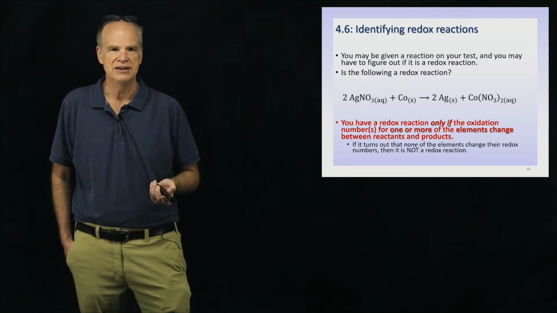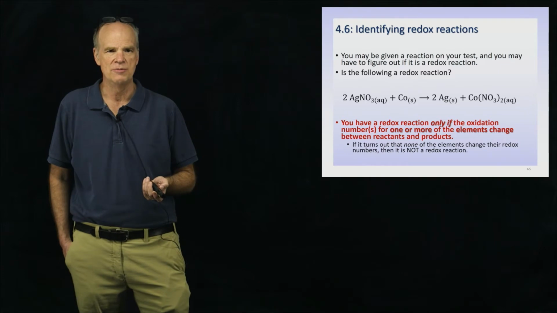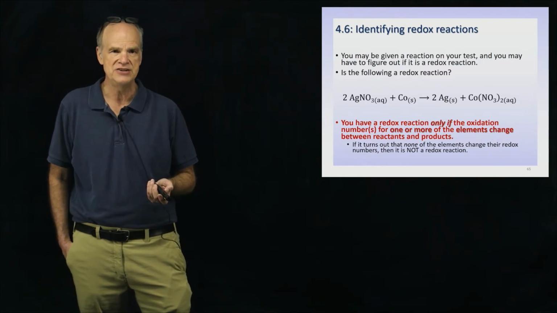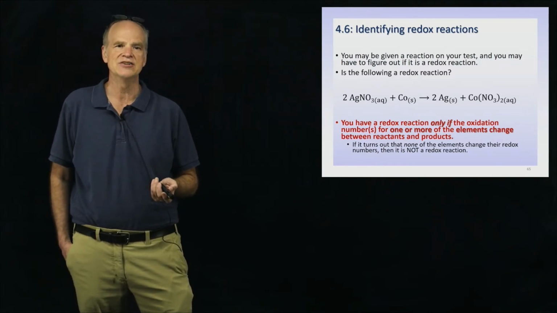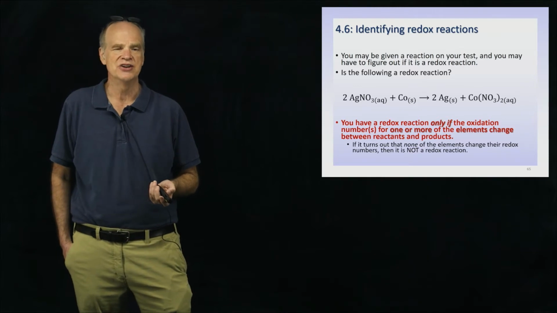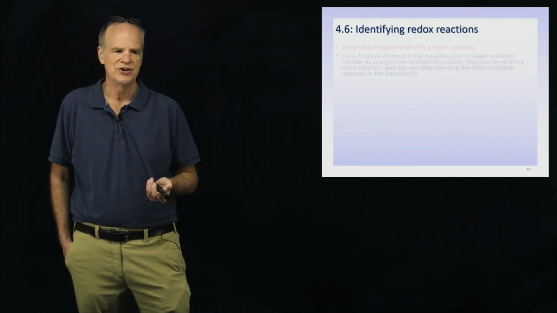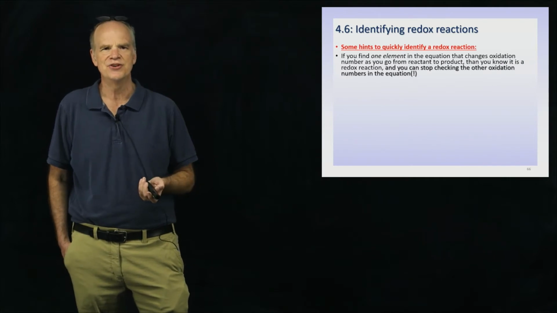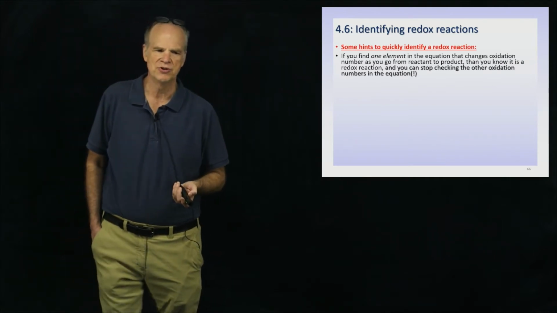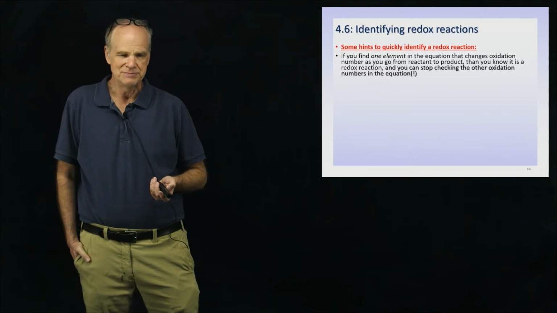On the other hand, if you check all elements and you find that for each element as you go from reactant to product, the oxidation number does not change, then it's not a redox reaction. So there is some strategy to figuring this out as quickly as possible. So let me talk about that.